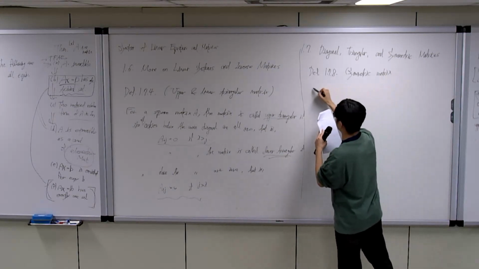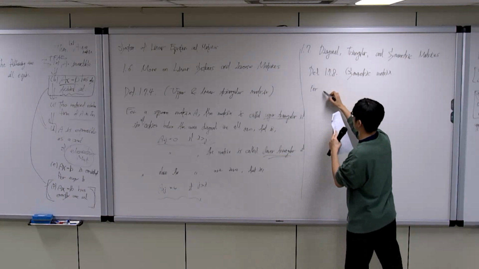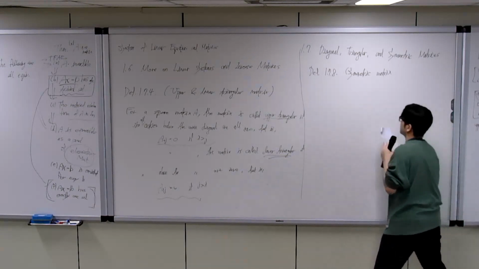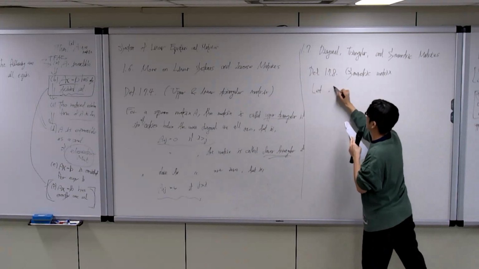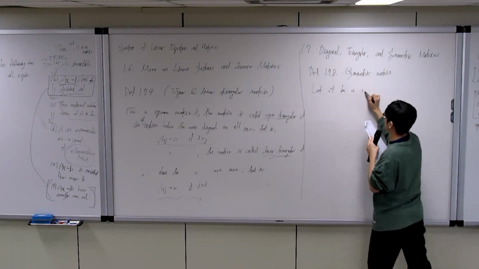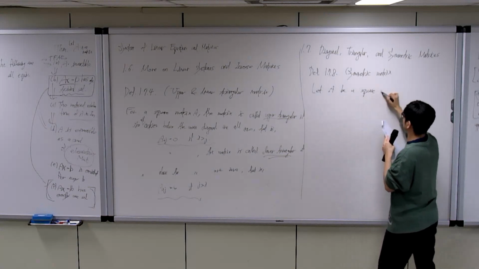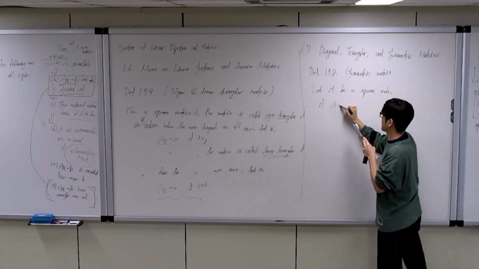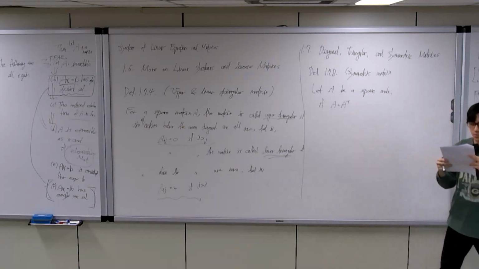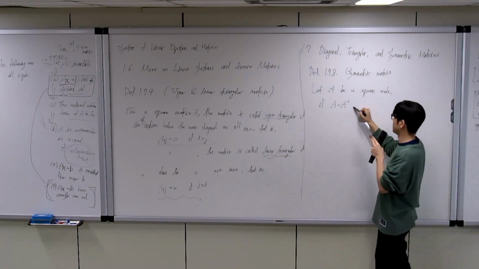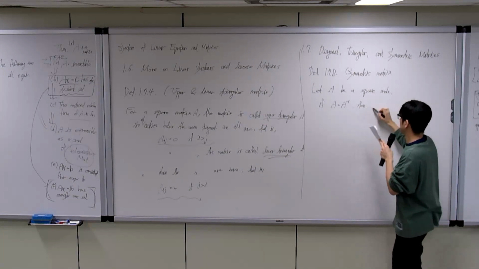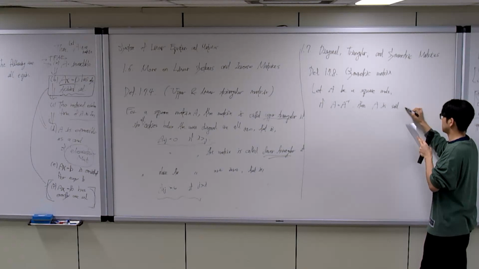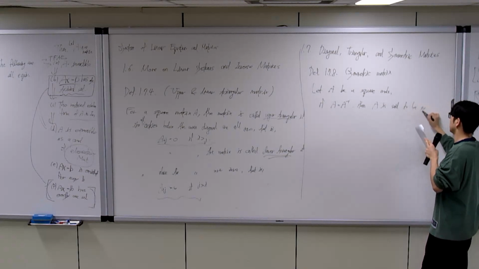Simply, let A be a square matrix. If A is the same as A's transpose, then it is said to be symmetric.